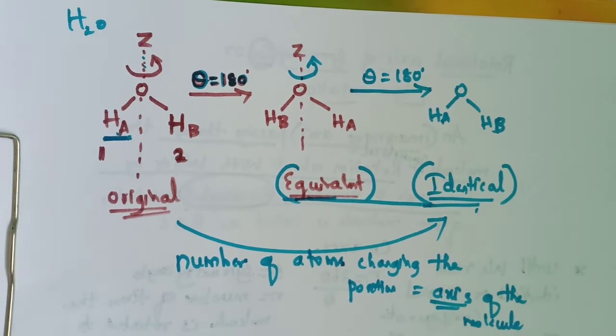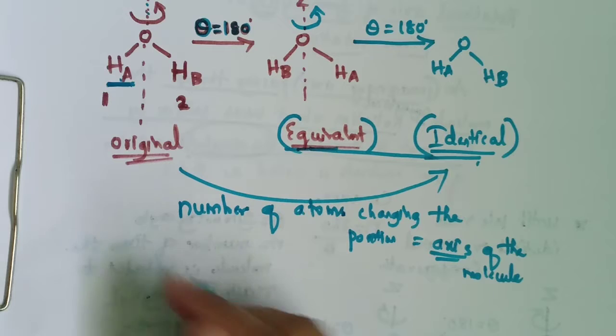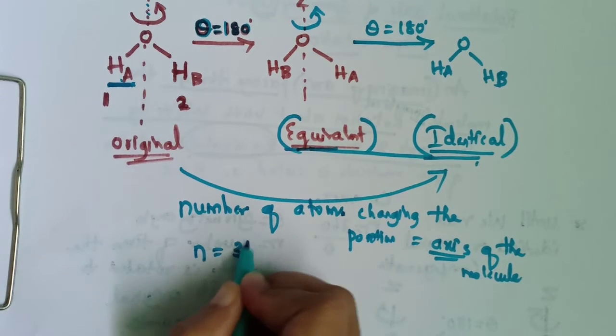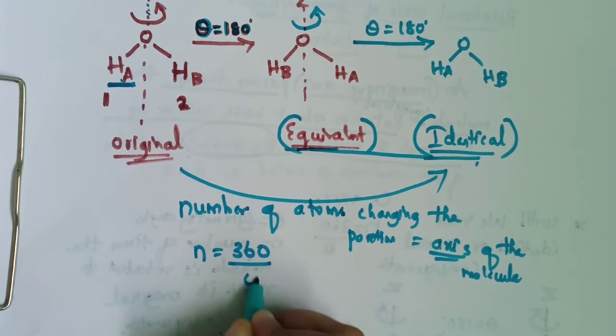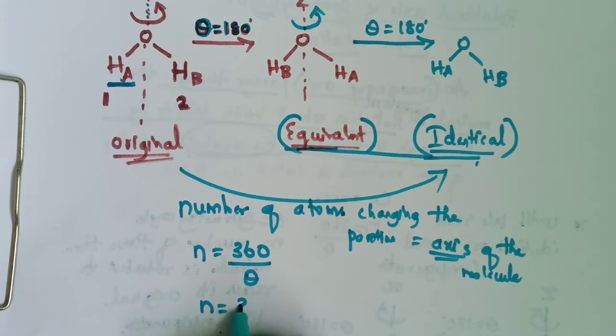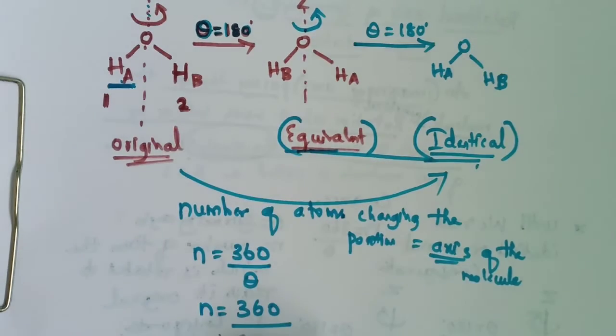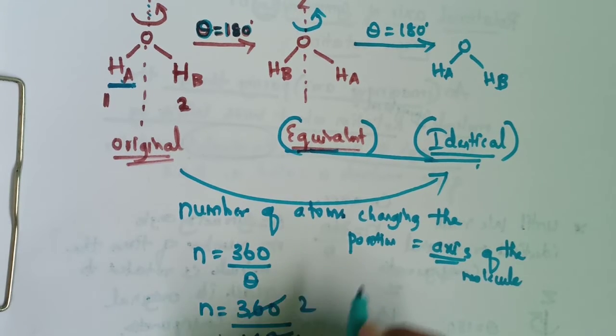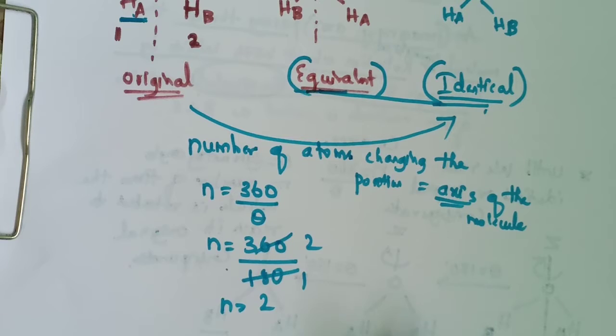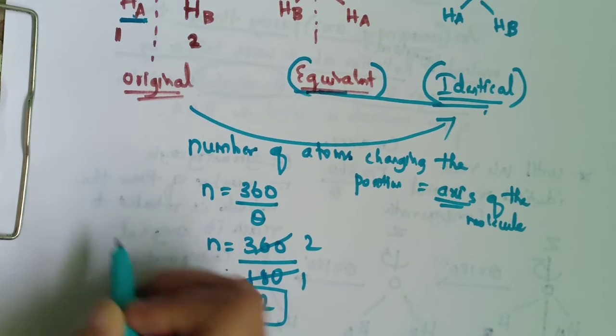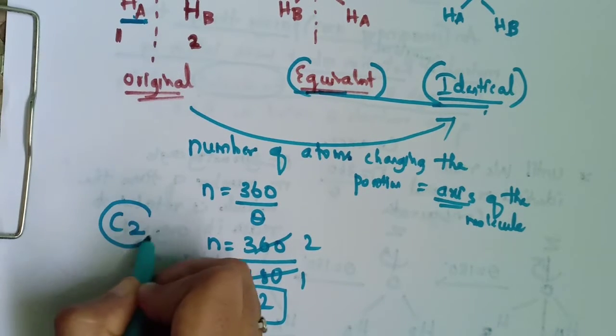So we know one formula, that is the axis n is equal to 360 by theta. n is equal to 360 by theta. Our angle is 180 degrees. We will get it as 2. n is equal to 2. Here it is the C2 axis.